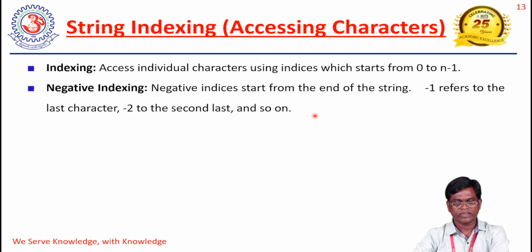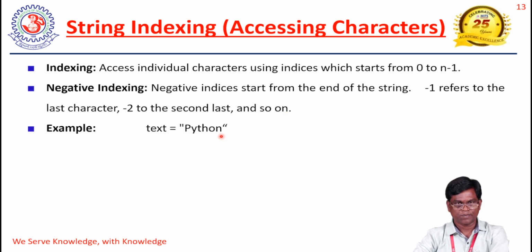But negative indexing starts from -1 and moves in the backward direction up to the first character. The last character has index -1, next to the last character is -2, then -3, -4, and so on up to the first character.